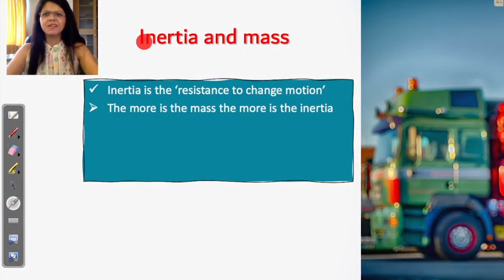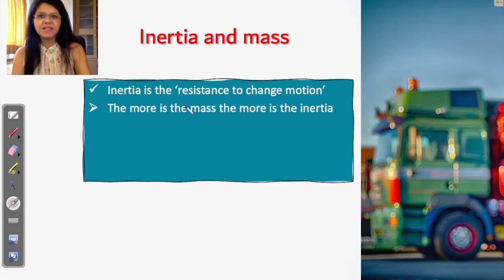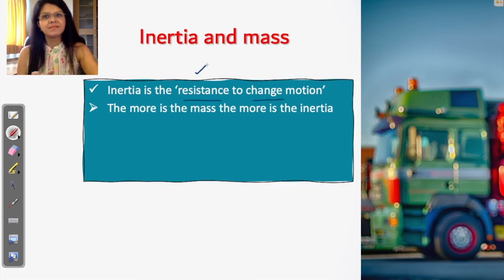Alright, so let us talk about the term inertia, which is related to mass. What is inertia? Inertia is the resistance to change the motion. You resist. You do not want to move, you do not want to change.